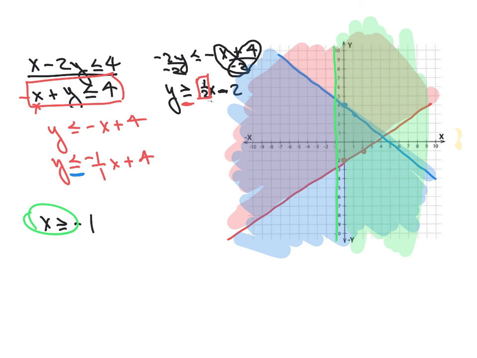Let me get black here. My intersection is going to be where all three colors meet, this area here. That will be the answer there.